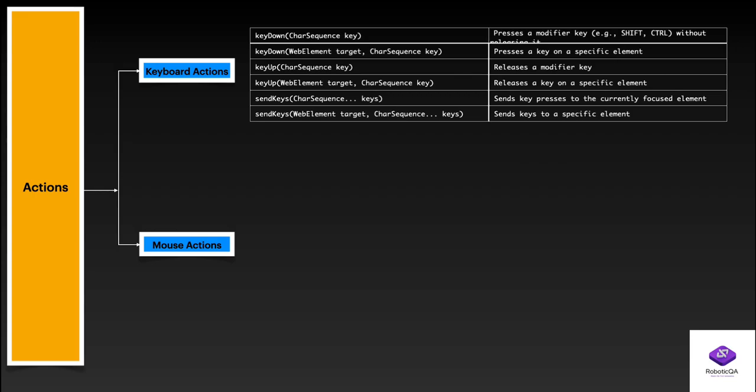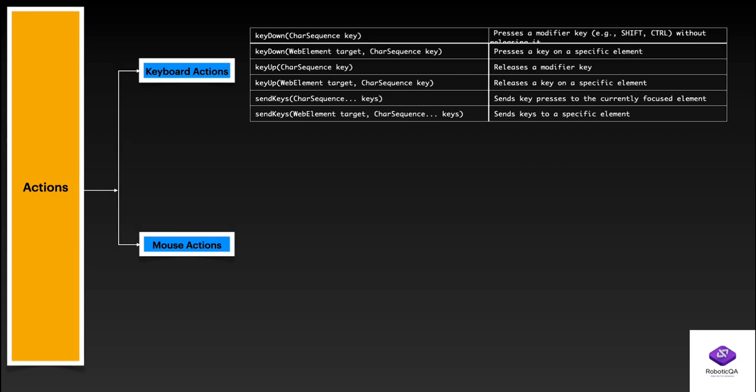It will press your key on the keyboard. It will not release, it will just press. This keyDown method will take Keys dot, there is a Keys enum available, we'll see it in the practical, and we can pass any key, A, B, C, D, Shift, Control, any key on the keyboard.